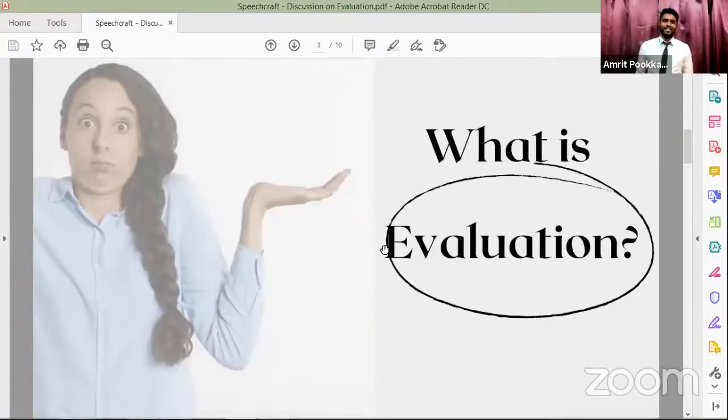Now, what is evaluation? Can anyone tell me what, according to you, is evaluation? Any of the Speechcrafters, from what you understood from these 4 sessions, what is evaluation to you? Anyone? Okay, forget about evaluation.